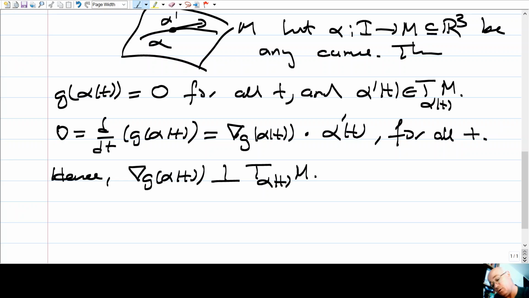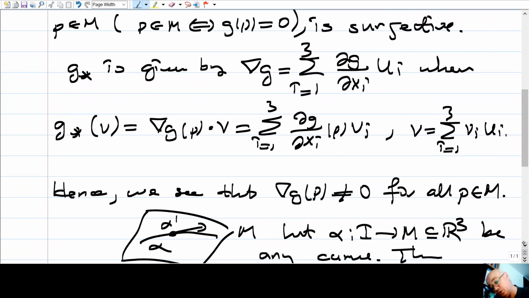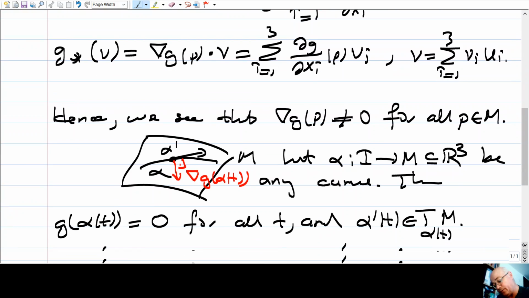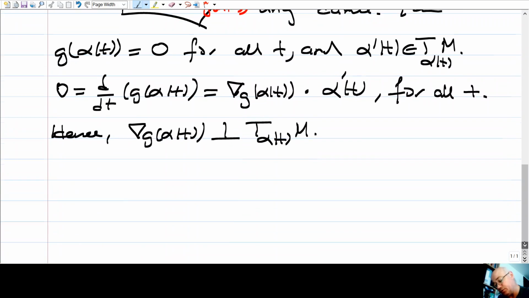So the conclusion is that our gradient vector is always a normal vector to the surface. Therefore, if we want to choose a normal vector to the surface, we may choose the gradient of g.